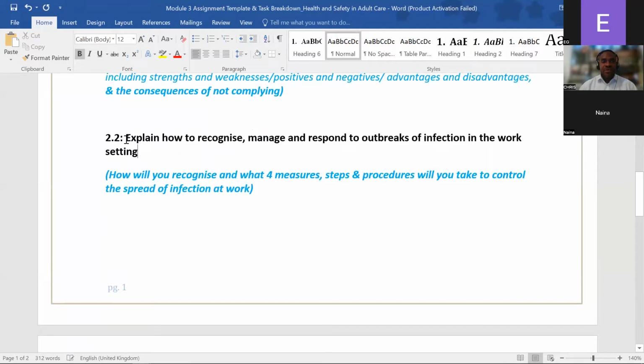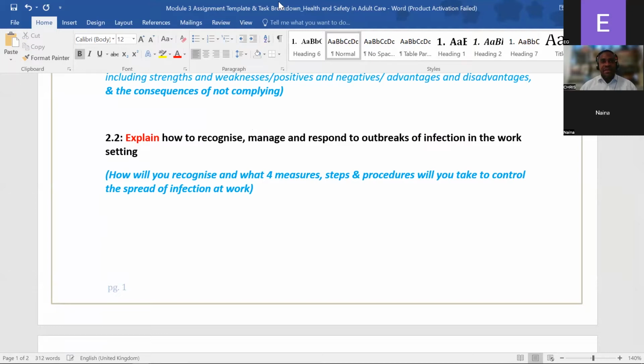So at 2.2, explain. This is very simple then. Explain how to recognize, how to manage and how to respond to outbreaks of infection in the workplace. For example, the pandemic was an outbreak.